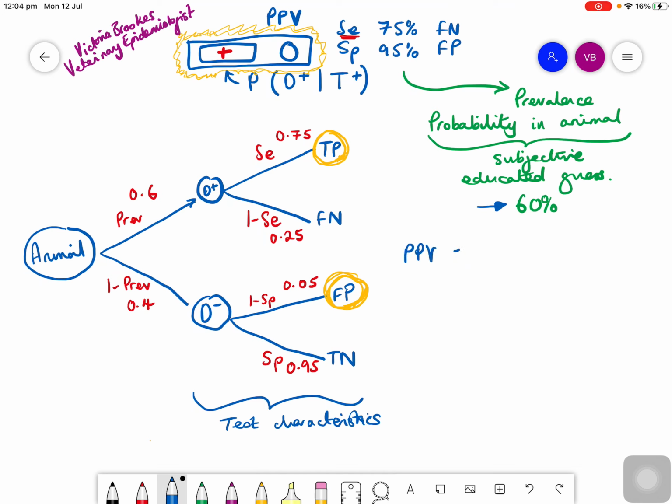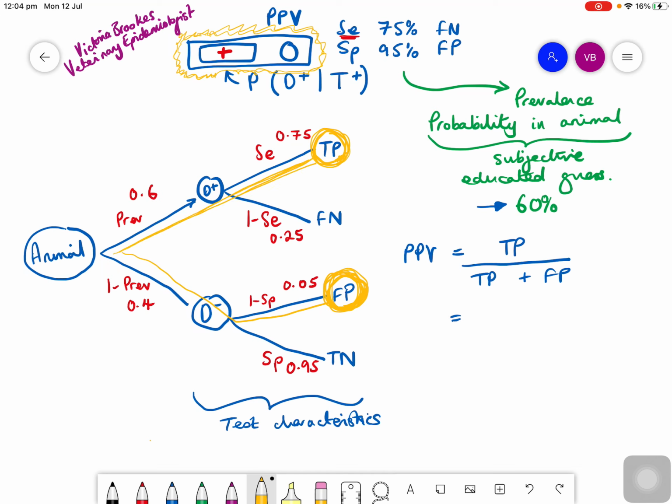Positive predictive value equals the numerator, which is the true positives, divided by the denominator, which is all ways of being positive on that test. So that's true positives plus false positives. And we can now use the numbers on our arms to calculate that out. The arms that we're interested in are this one here and this one here, because these are the two routes that could have happened. And because we've got a positive test result, there's only two possibilities of the way this could have happened. So this is an either-or again.